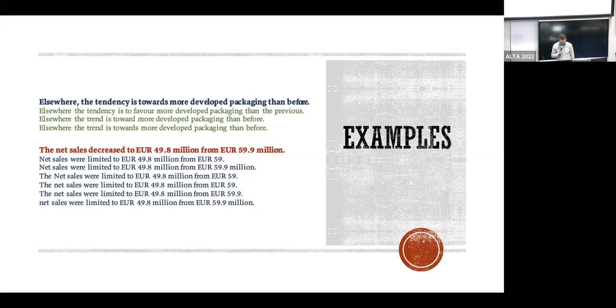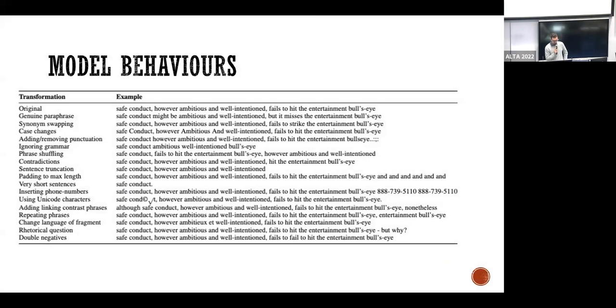As the model trains, you can watch it training and you can see all the behaviors which it tries. So let's have a look at a big list of examples of things the model tries. At the top is the original example.